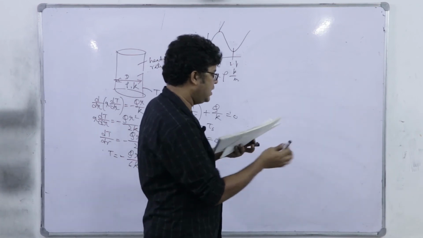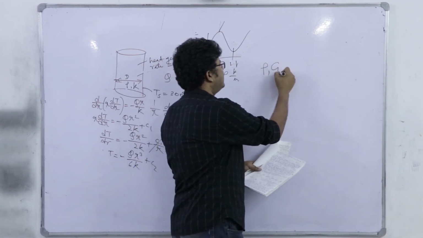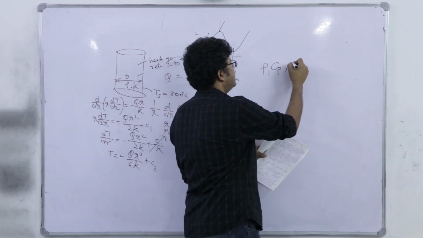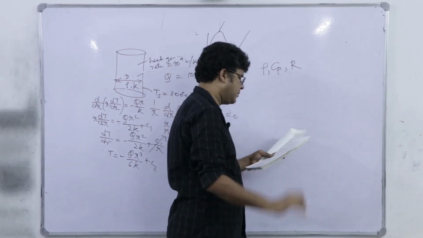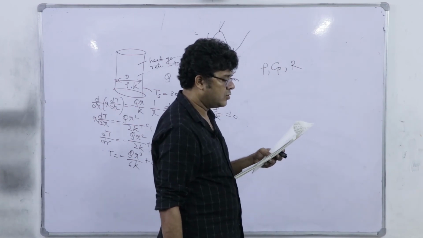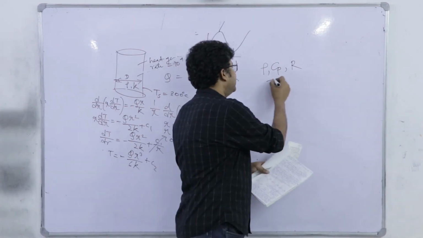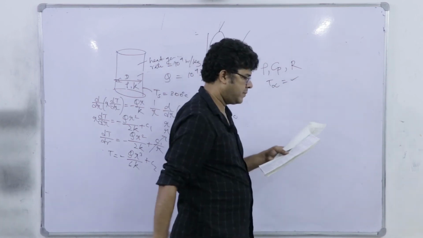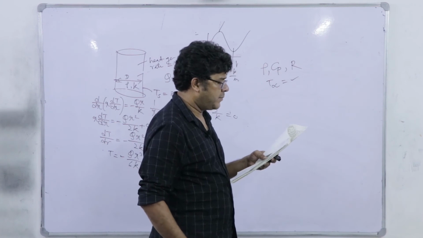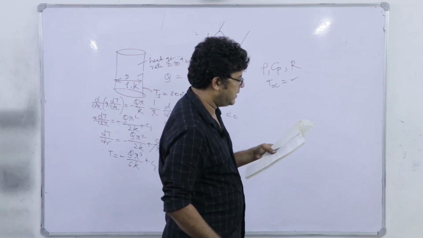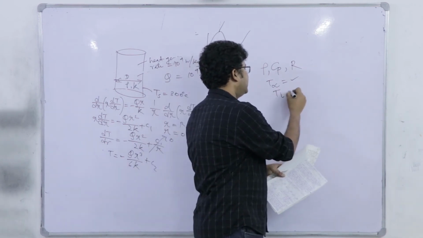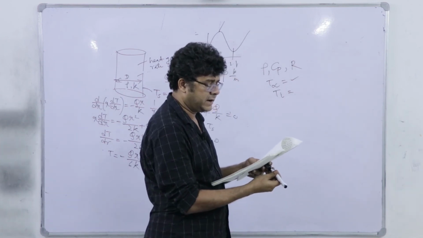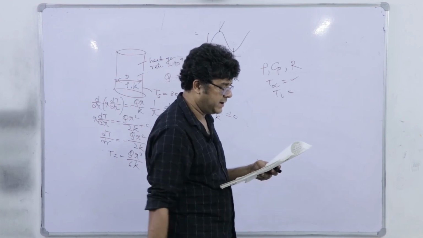A metallic ball is given, rho and Cp given, and the diameter means the radius is given. It is allowed to cool in air at 25 degrees. So, T infinity is given. When the temperature of the ball is 125 degrees, so Ti, the initial temperature, is given. It is found to cool at a rate of 4 degrees Celsius per minute.